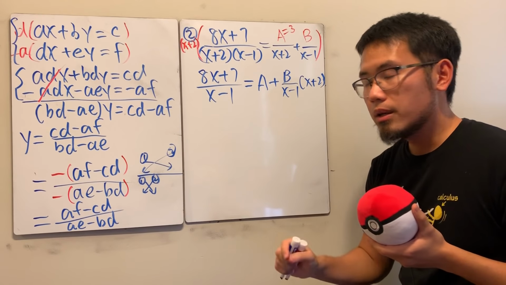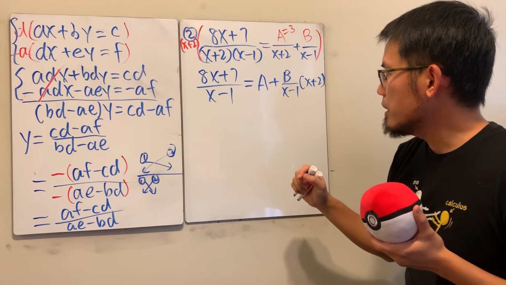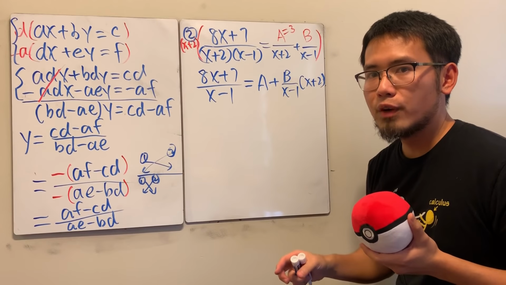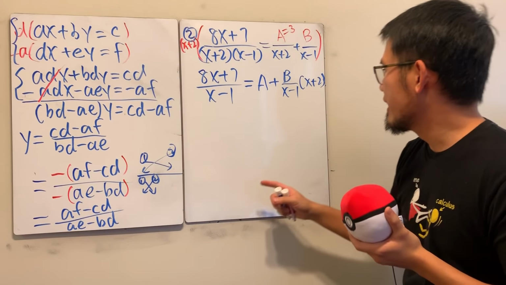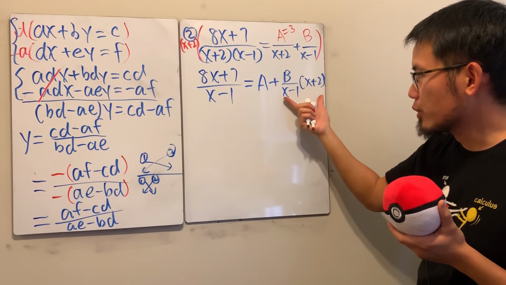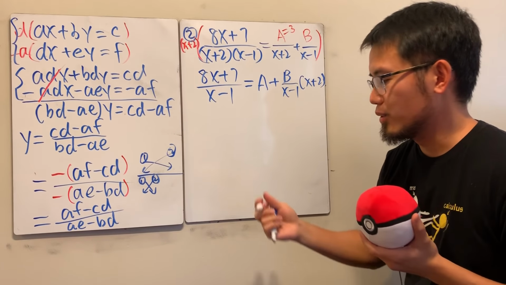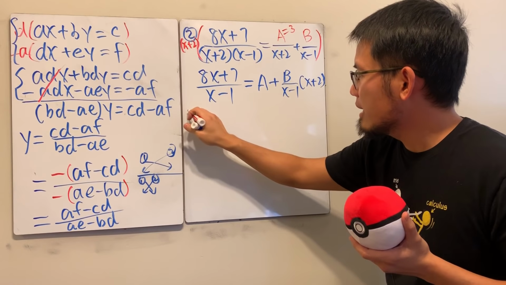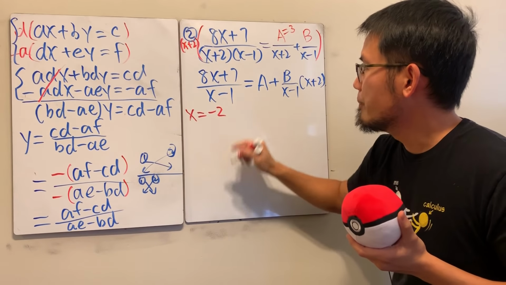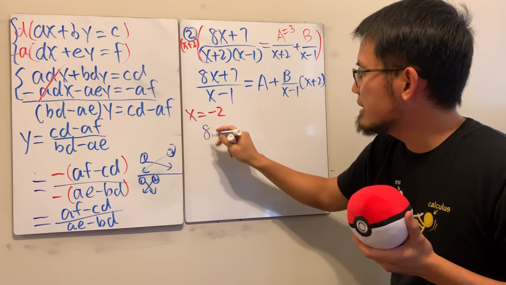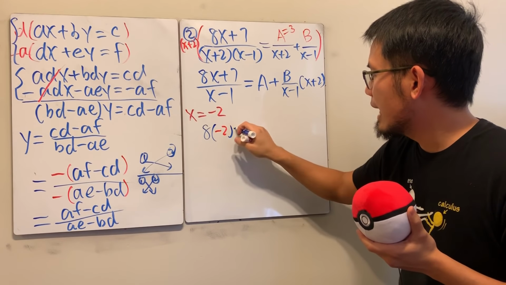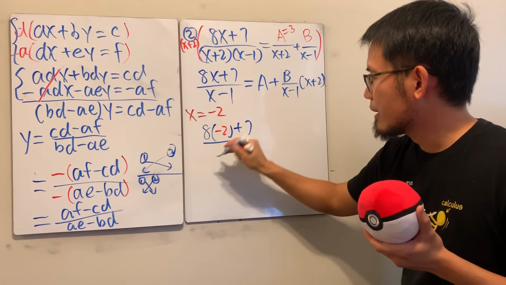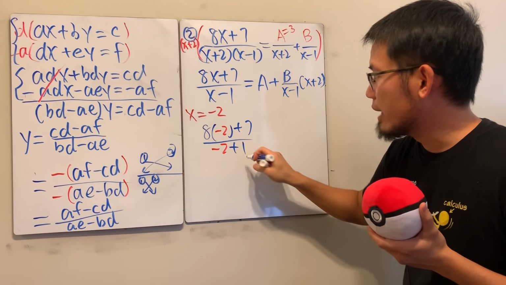And now, we are trying to find out a and b. The x, we can just plug in whatever we want. What's a nice number for us to use? Yes, negative 2, because we can make this part equal to 0 if x is equal to negative 2. So when we make x to be negative 2, you will see that 8 times negative 2, and then we just add a 7 after that over negative 2 plus 1.